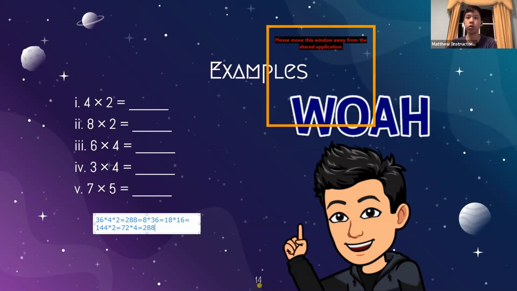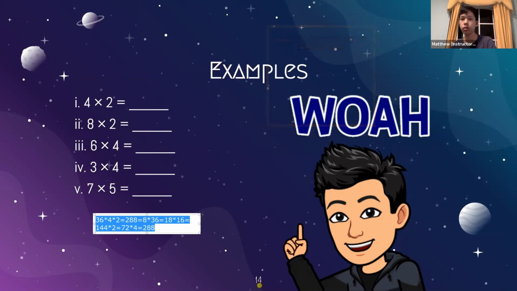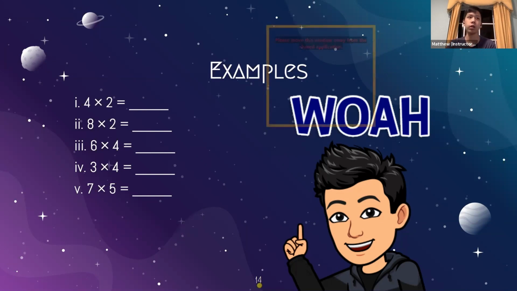All these will give you 288. Or you can just memorize a multiplication, which would help you do this too. But this is just one way to show how grouping and multiplication could be useful to you guys.